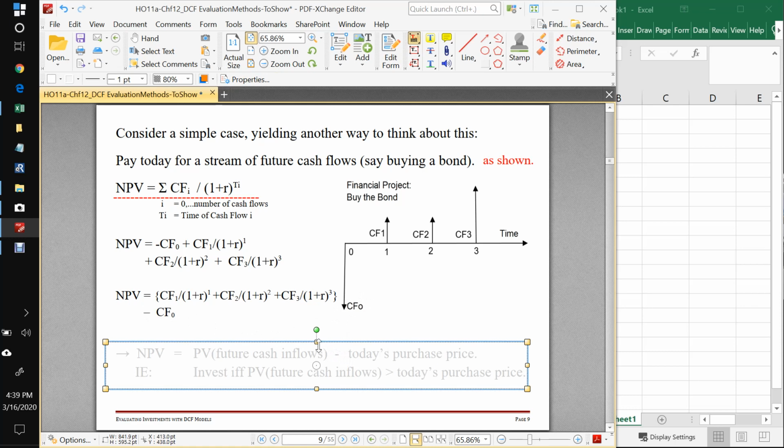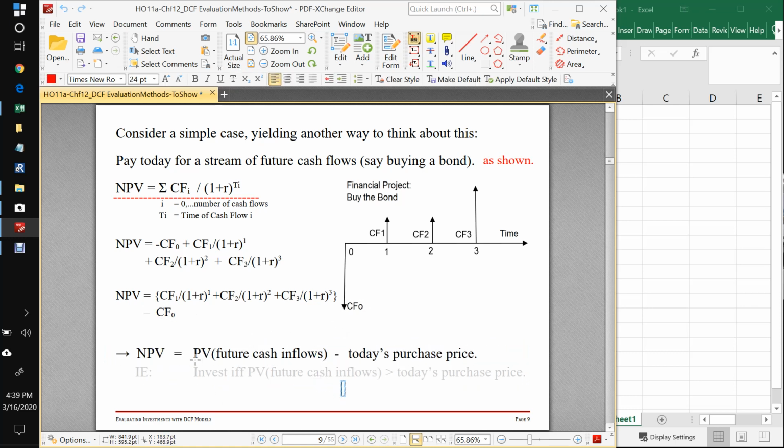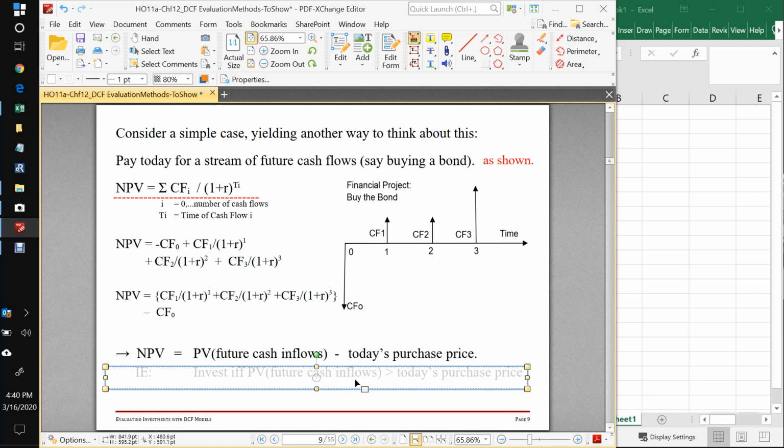So if we organize things in that way, the NPV can be thought of here as the present value of the future cash flows that are promised by the contract minus today's purchase price. So that helps give us a nice qualitative understanding of what's going on here.